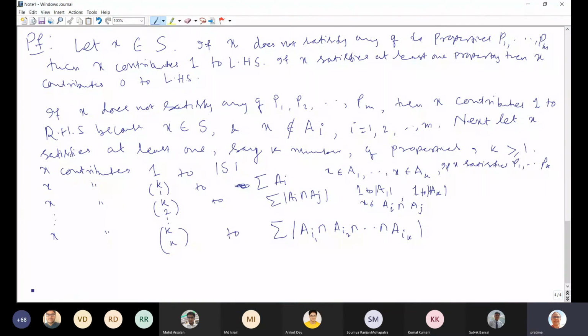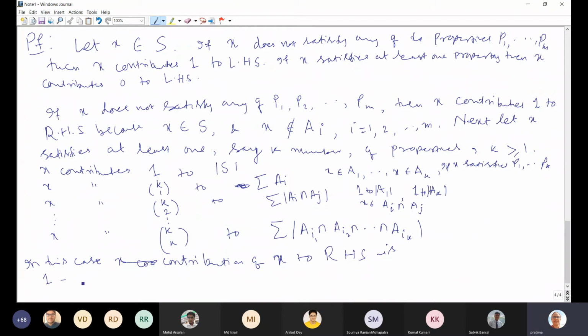Now count the total: how much is x contributing in this case, the contribution of x to the right hand side?